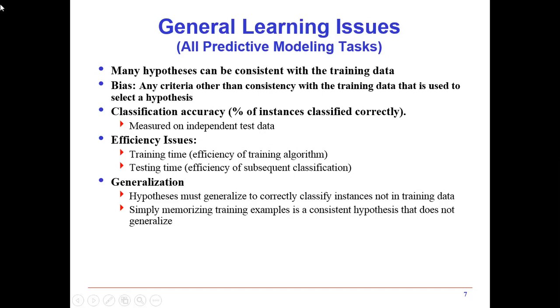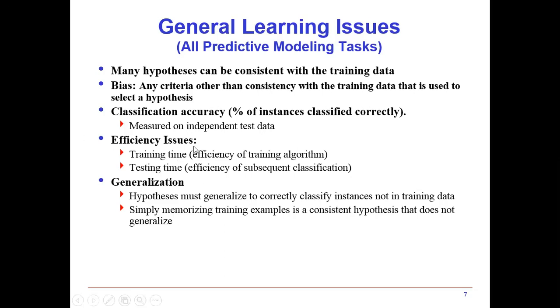Suppose you have generated a hypothesis using the training data, now you have to test it with the test data. If all the instances are correctly classified, the classifier accuracy will be 100%. Suppose out of 10, 8 instances are correctly classified, then we can say the classifier accuracy is 80%.